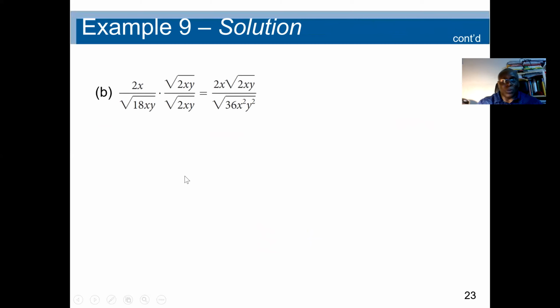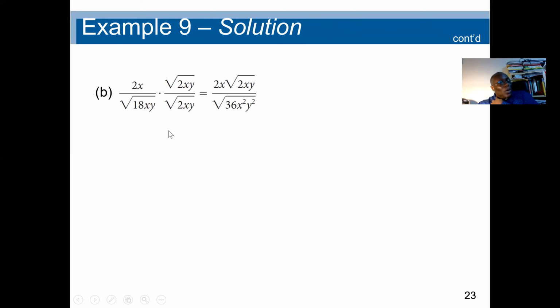This is another example also, which is the B. So this is the question, 2x divided by square root of 18xy. So the goal here is to remove the square root. So we decided to multiply by square root of 2xy.